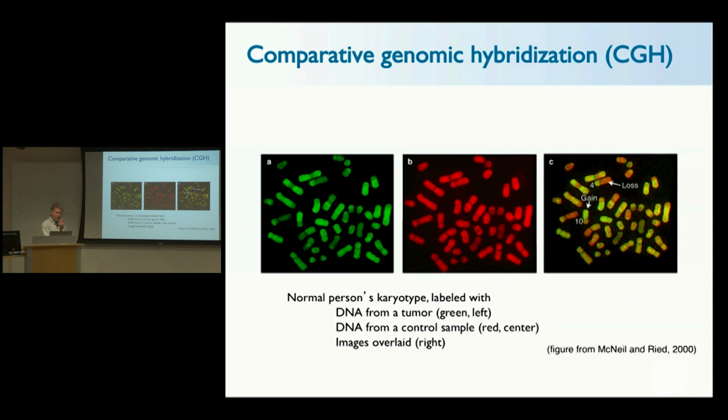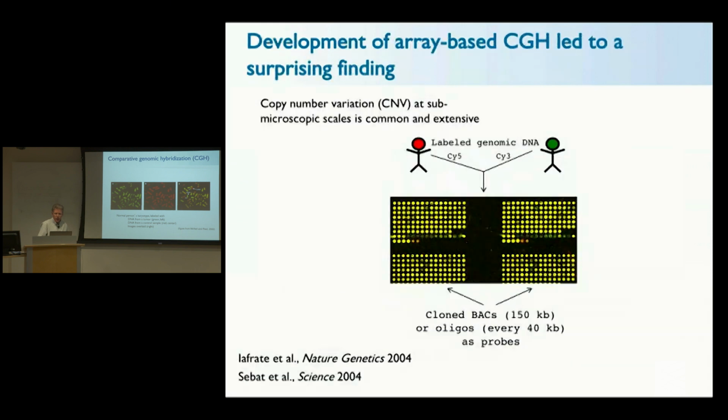This is similar to looking at the banding, except now we can see much finer resolution, and we can see copy gain and copy loss. It's especially impactful for looking at tumor versus normal samples and understanding cancer.